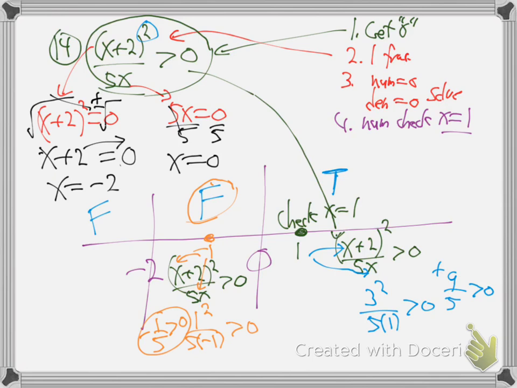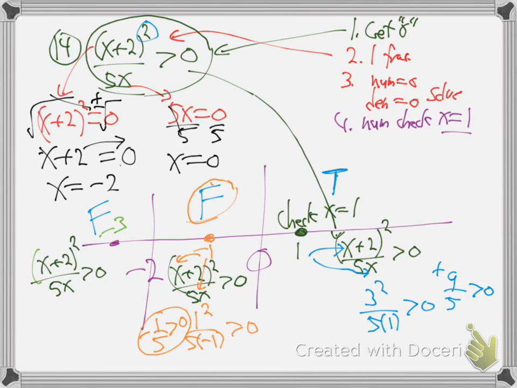We thought the next one would be the opposite, false. But here's the surprise. If you check the last one over here, I'm going to check like -3. Let me get a different color here. Check like -3. It's actually going to be false also. So I'm going to plug it into this x plus 2 squared over 5x greater than 0.